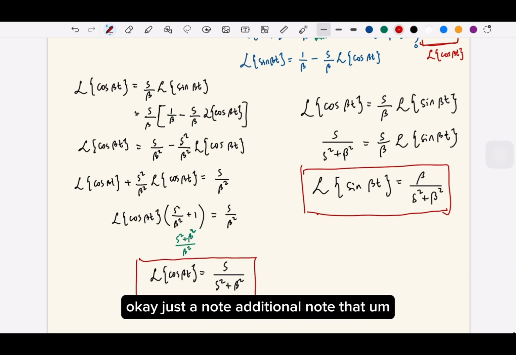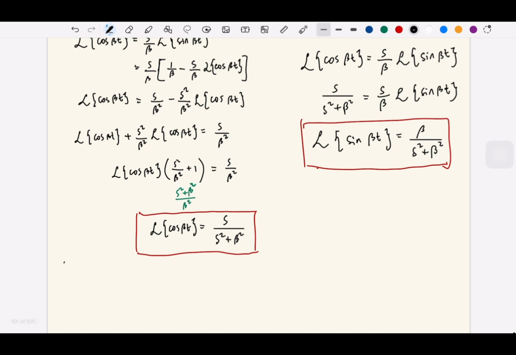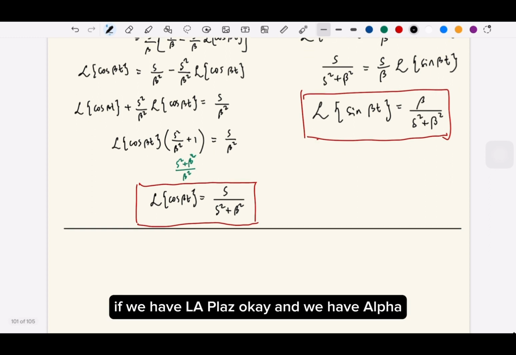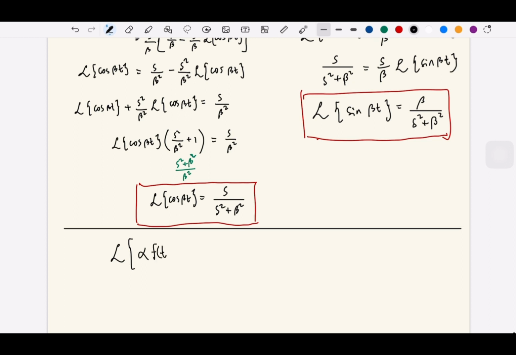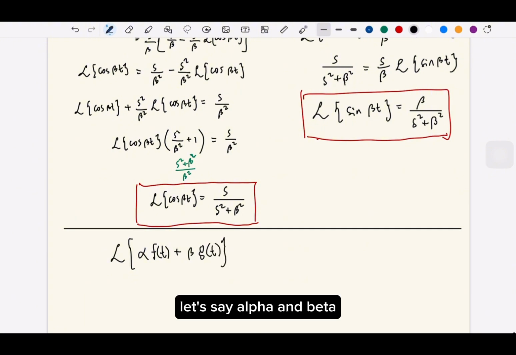Okay, an additional note: if we have Laplace, and we have alpha and beta, and then another function g. Let's say alpha and beta are constants.